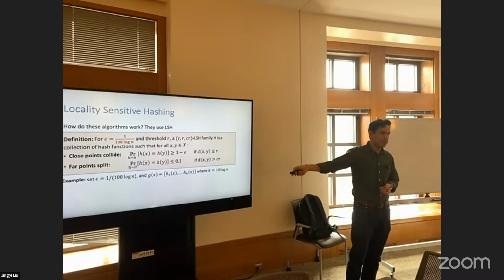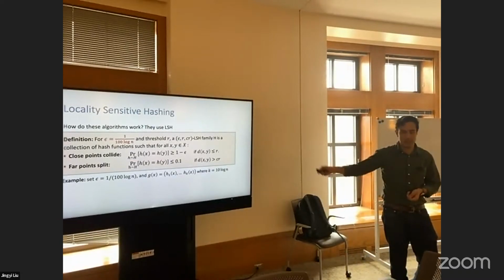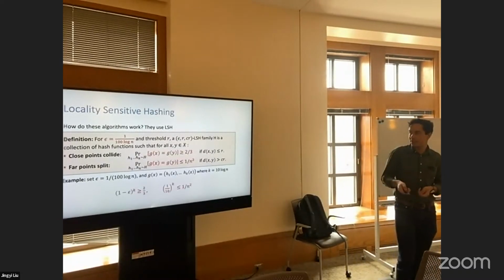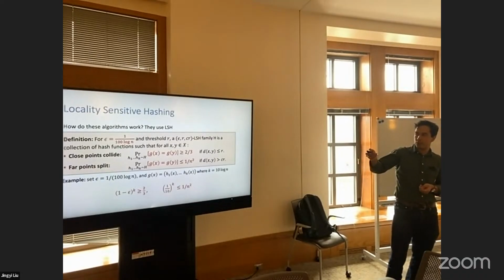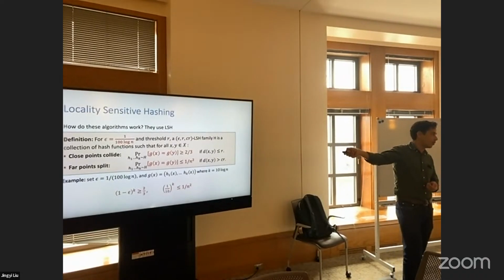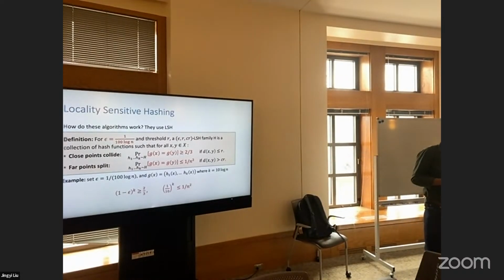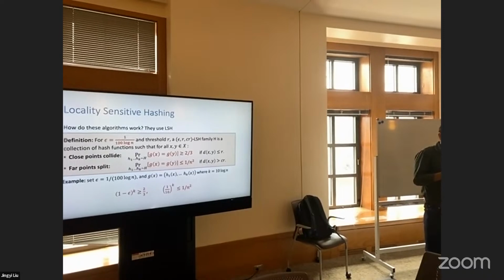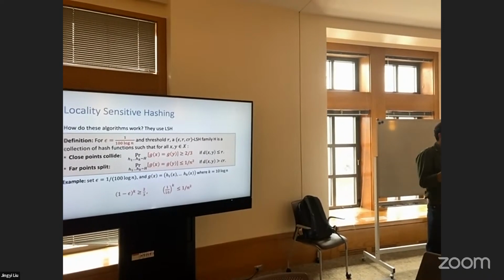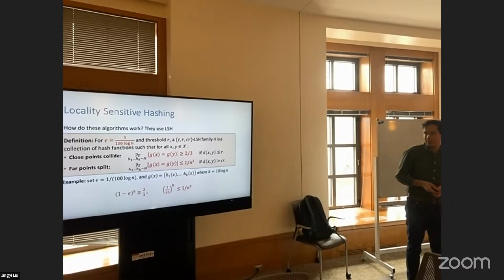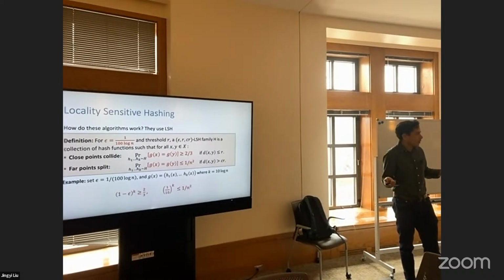So these collision probabilities get raised to the power of k, and k is like 10 log n. What does that mean? A simple calculation shows that the probability that 2 close points collide is at least 2/3, but the probability that 2 far points collide is way smaller, like 1 over n squared. So now you can union bound over all the far points. Given a query, you'll never collide with a far point, and with probability at least 2/3, you collide with a close point. So now you have a very simple algorithm for nearest neighbor search, right?